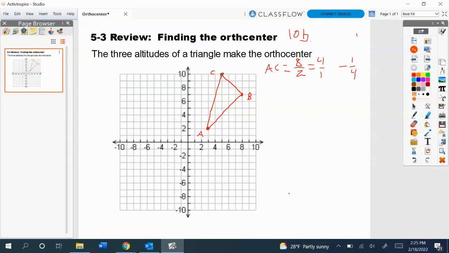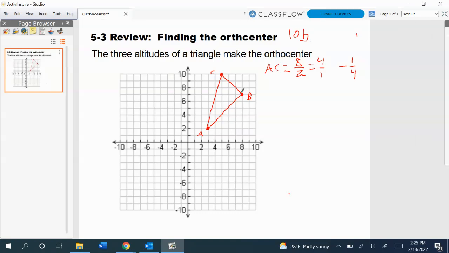I found the slope of AC, so I'm going to find a segment that starts at B and is perpendicular to AC, to this side here, using that slope, negative 1/4. So we're going to draw our first altitude. I'm going to start at B, going up 1 and over 1, 2, 3, 4. Notice that altitude goes in a negative direction because we have a negative slope.